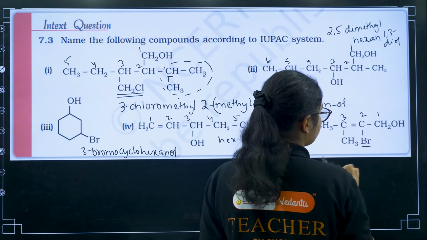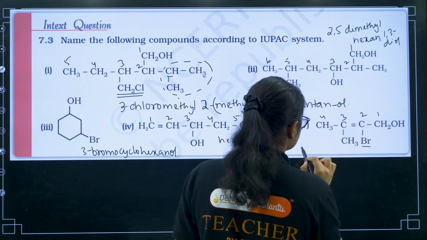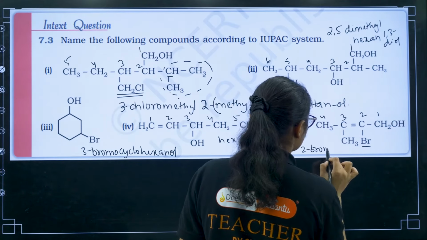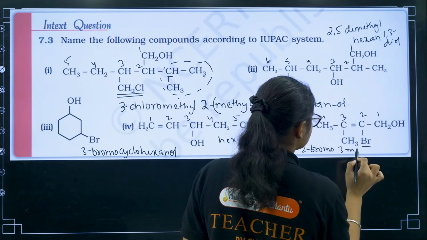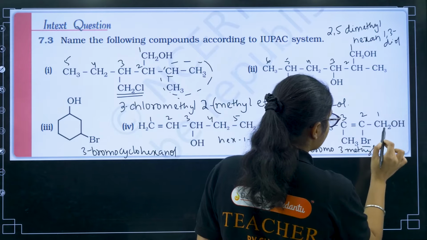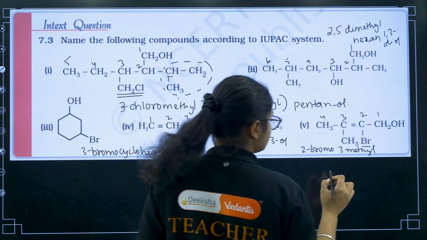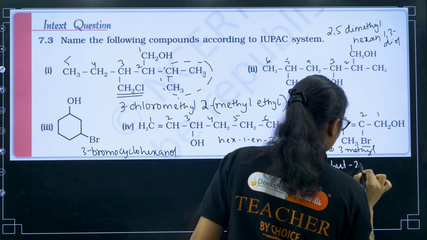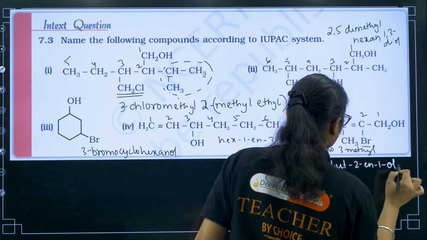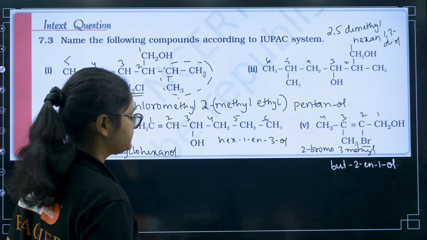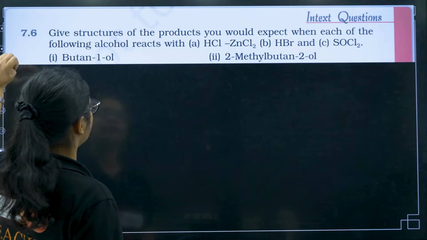Bromo will come first alphabetically, so I will write 2-bromo, then I have 3-methyl, then I have but-2-en-1-ol. Clear?